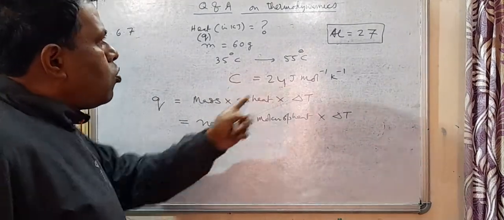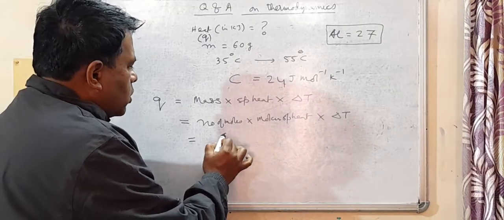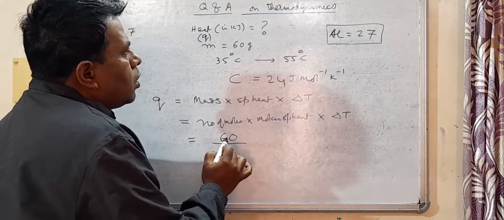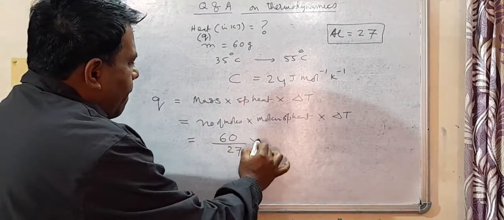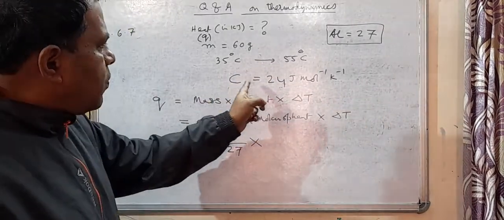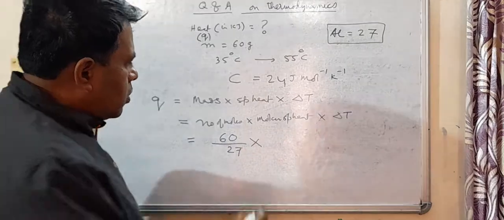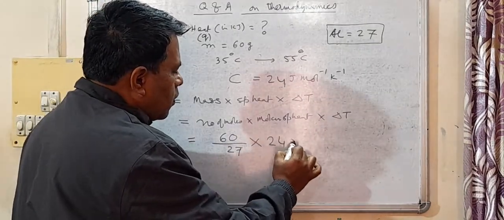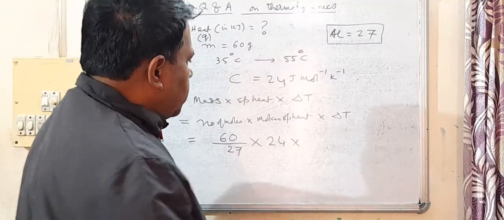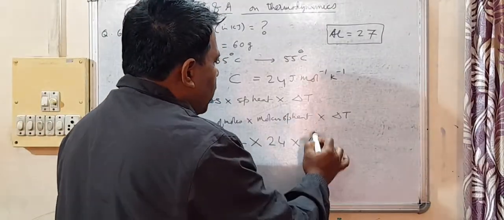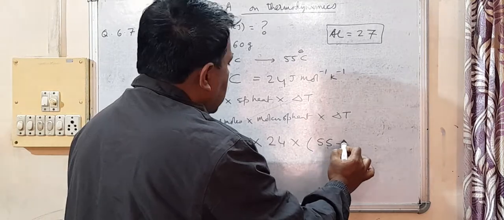Now number of moles, we have 60 gram, so 60 by 27 is the number of moles. Molar specific heat is 24, and the change in temperature is 55 minus 35.